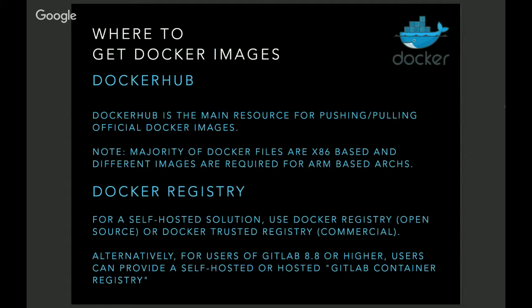So I keep talking about Docker images. The main area to get Docker images is Docker Hub. If you just type Docker Hub into Google, you'll immediately hit it. And it's the main resource where everybody puts images. The reason you want to use this is because they have official Docker images, and those are mostly from the maintainers of the actual libraries.